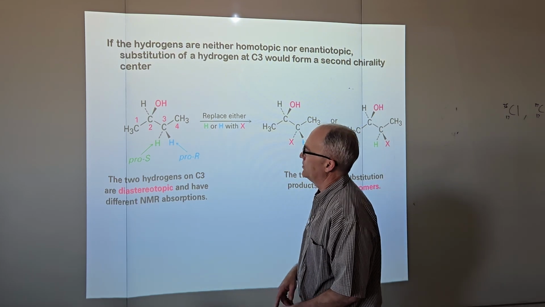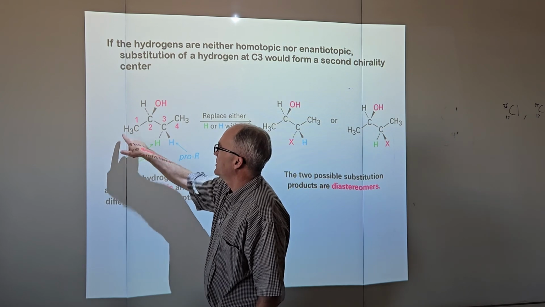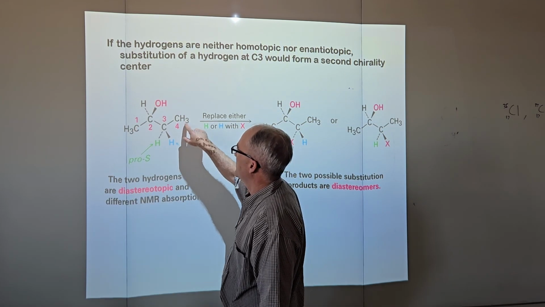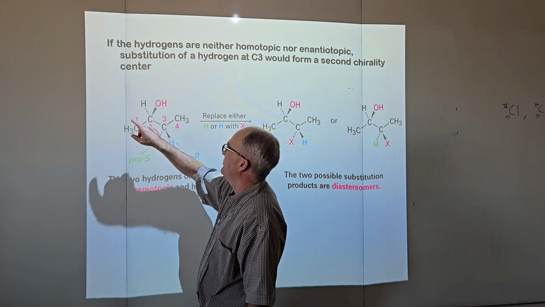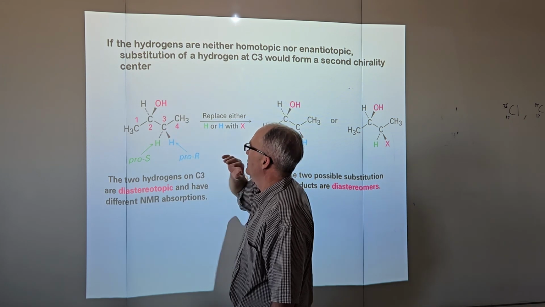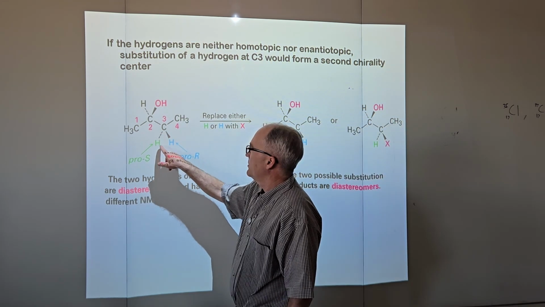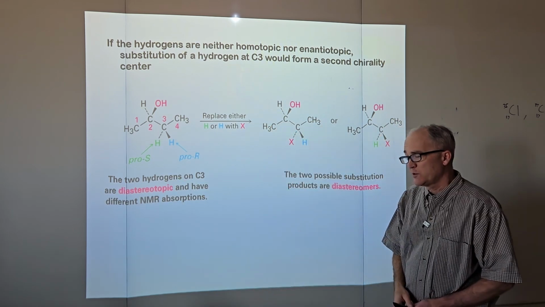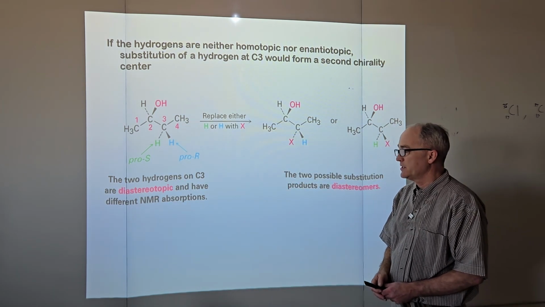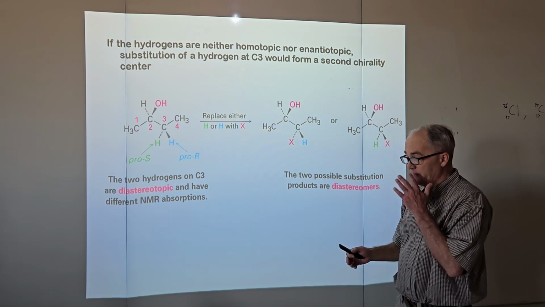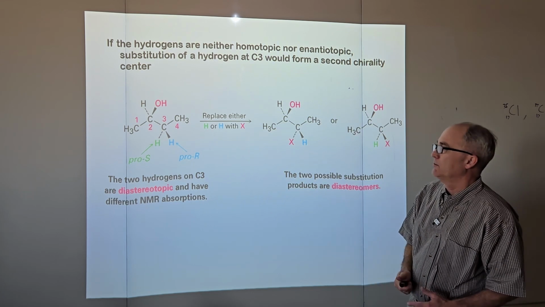We now have 2-butanol, and we can see a signal coming from that methyl, a signal coming from that methyl, a signal coming from that hydrogen. That OH hydrogen is going to have a signal. And if we want to describe those 2 protons, they now have a slightly different chemical environment.